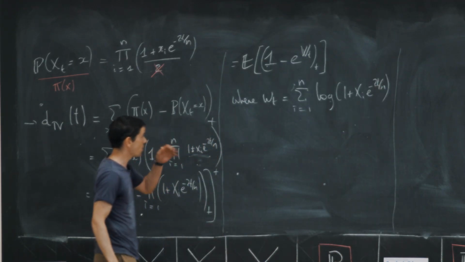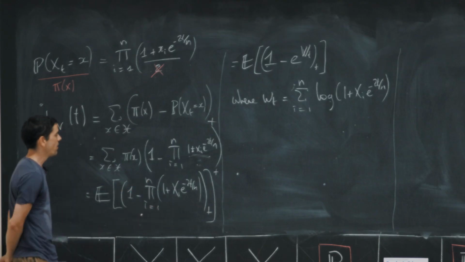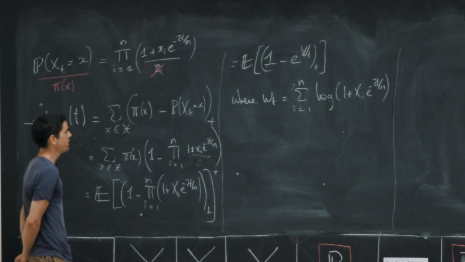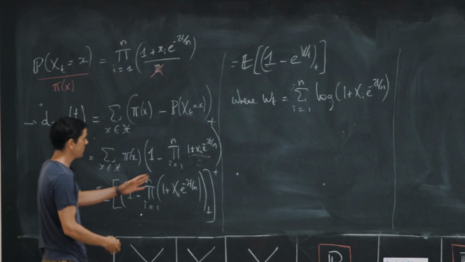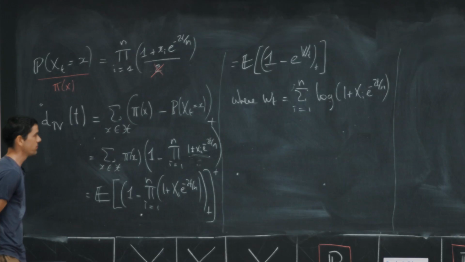So it's a sum of IID variables, right? Those xi here are just IID uniform on -1, 1. So it's a very simple variable. And you need to understand this expectation to know the total variation distance.